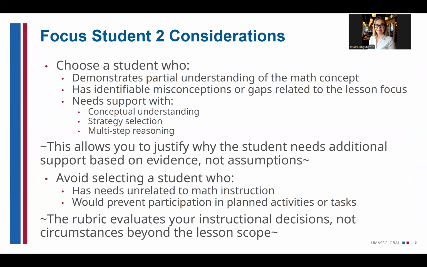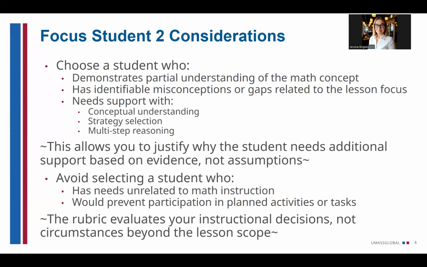They might need support with conceptual understanding, how to choose a specific strategy to solve a problem. They don't understand quite how to solve a problem using multi-steps and reasoning. So they have a little bit of the understanding, but they need to take that a step further, and you need to provide those extra scaffolds there.